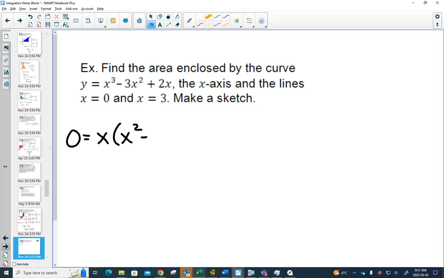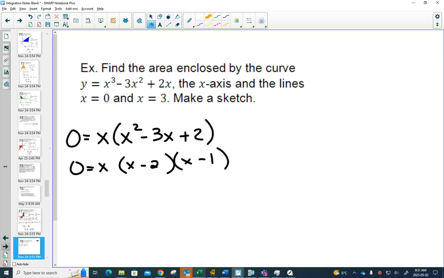Notice that I have a common factor of x, which allows me to factor this quite nicely and quite easily, and get my 3 factors.